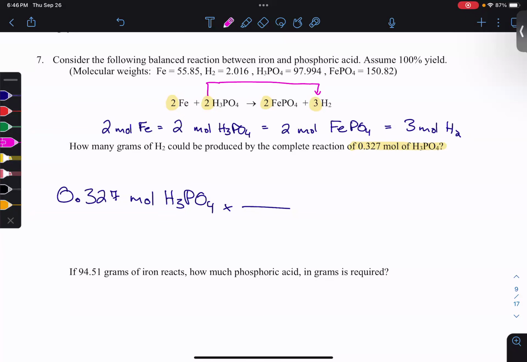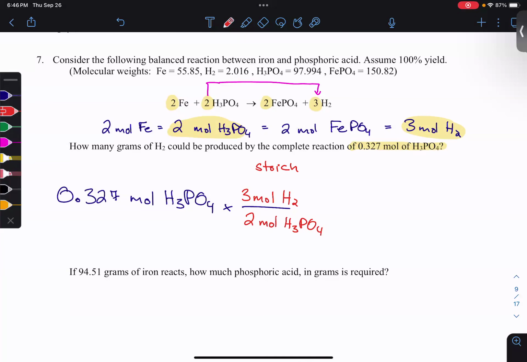So we're gonna use the phosphoric acid and hydrogen coefficients. Based upon those coefficients, you need 2 moles of phosphoric acid to make how many moles of hydrogen? 3 moles of hydrogen. This step right here is called stoichiometry. Riding the bus, the coefficients, to go wherever you want to go in that balanced chemical reaction.